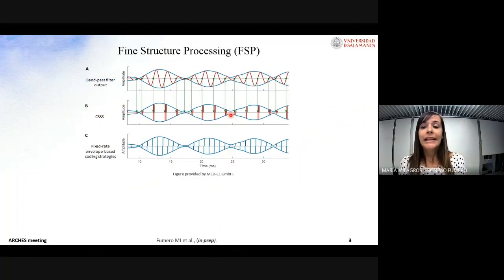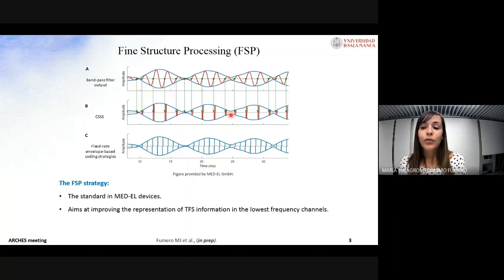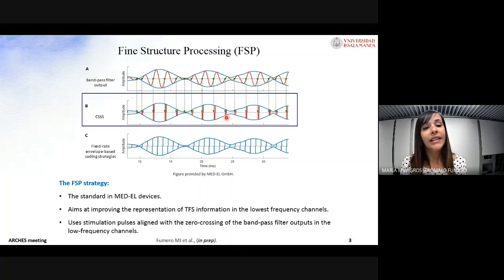However, the standard and MOC strategies described in previous studies were based on continuous interleaved sampling processing, and the standard in medical devices is to have fine structure processing in the lowest frequency channels, and this strategy involves presenting pulses at the time of zero crossing of the bandpass filter output.